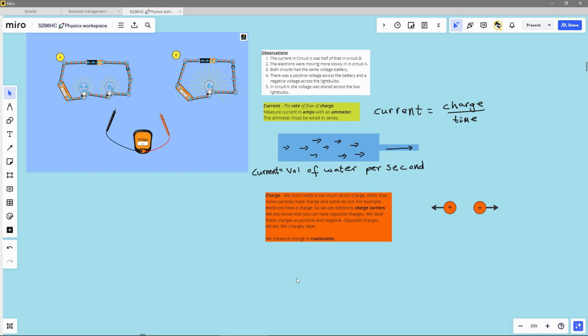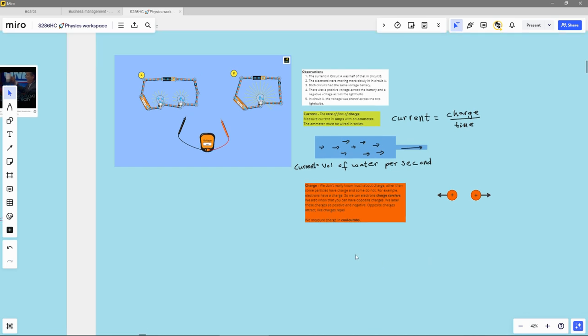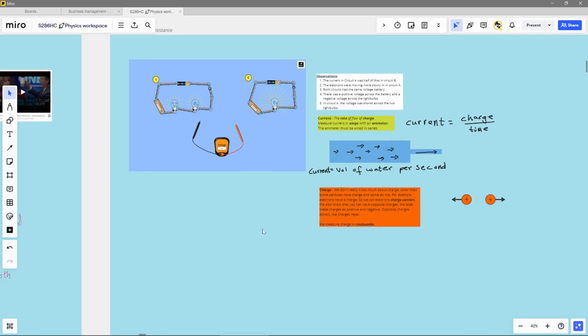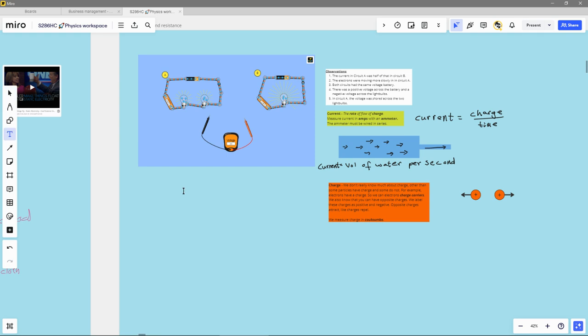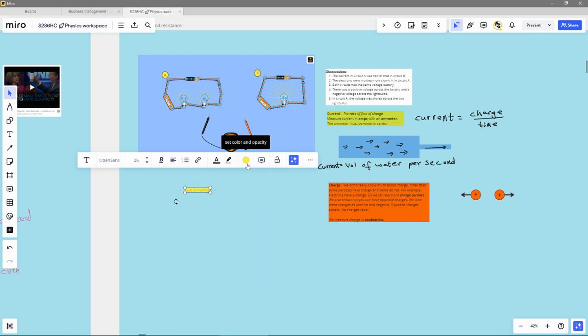So we've got current, we've got charge, and then we've got voltage. We want to do voltage and resistance. We'll start off by doing a little bit of defining of resistance, and then maybe come back to it later on.